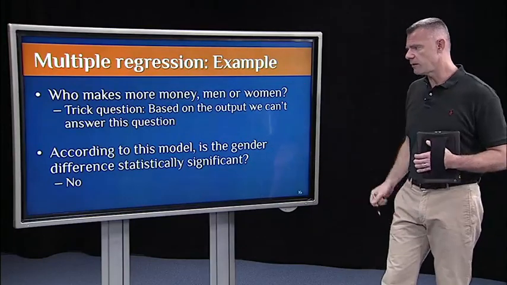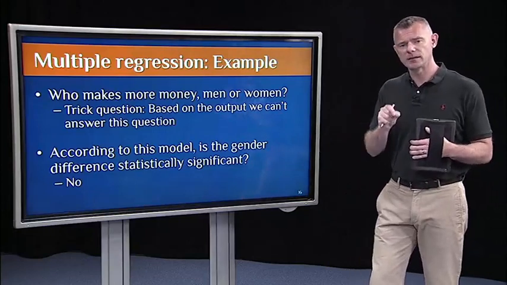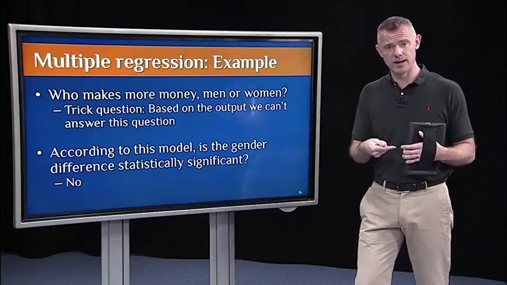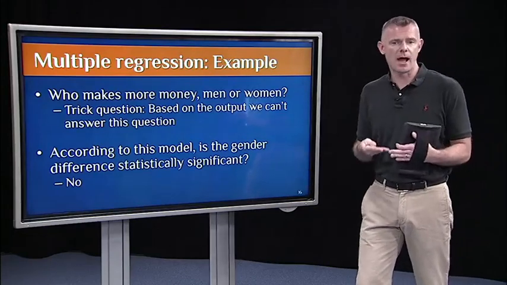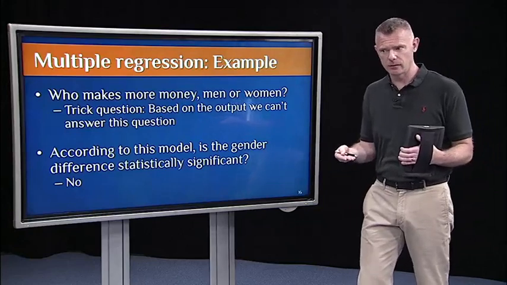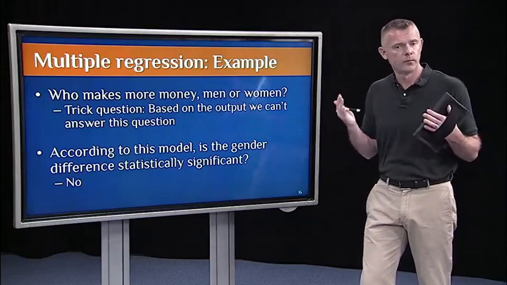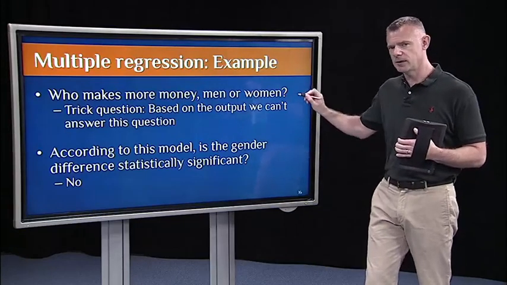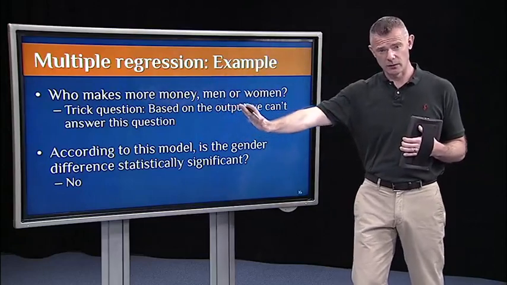Then, according to this model, is that difference statistically significant? If you go back to the table of coefficients, the p-value is not less than 0.05, so no, it's not significantly different. Does that mean there's not a significant difference in salary between men and women in this sample? No, because again, this is the difference between men and women when taking into account these other variables.